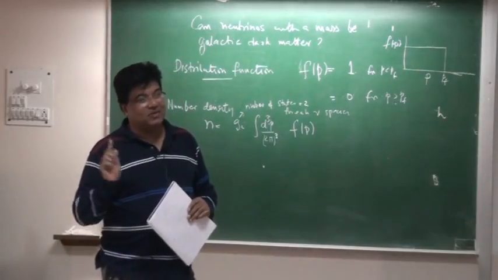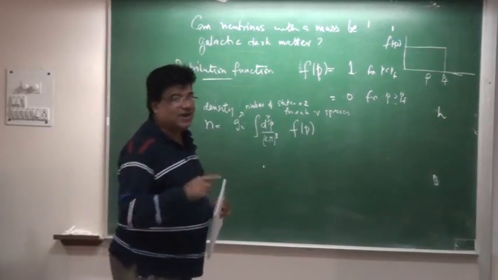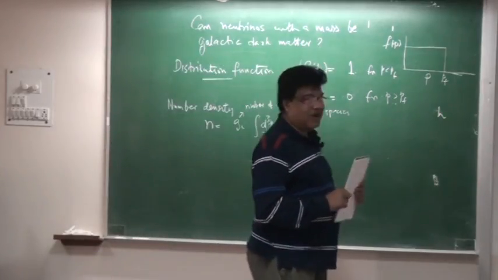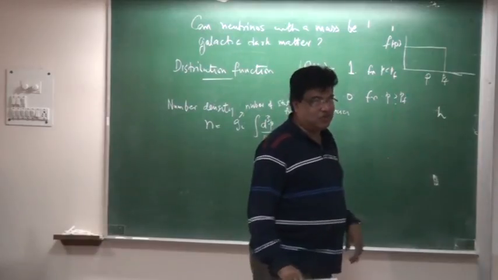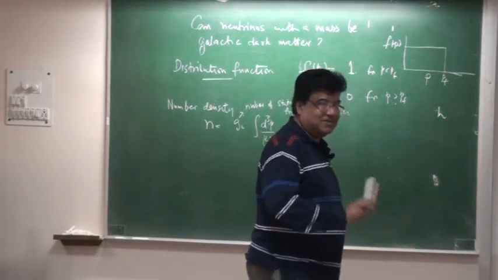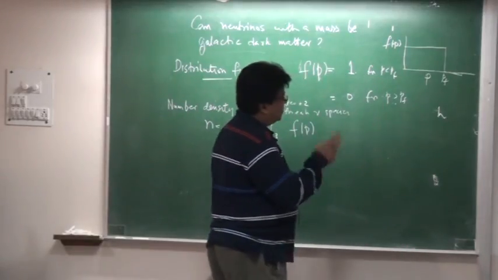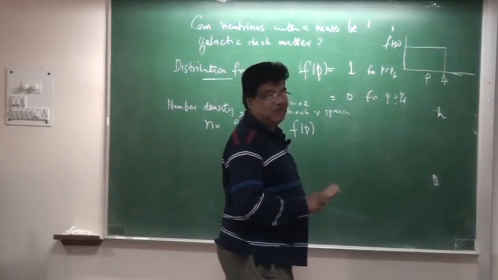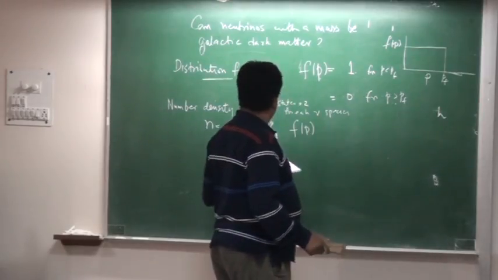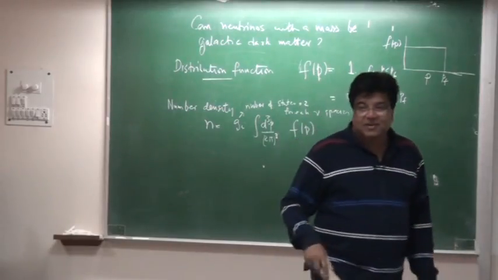So to go from one per h cube to one per h bar cube, which is 1, you have to put in this factor of 2 pi. So this is only for the experts. This is because we are using the unit h cross is 1. If you take the unit h is 1, then this 2 pi cube will not do.